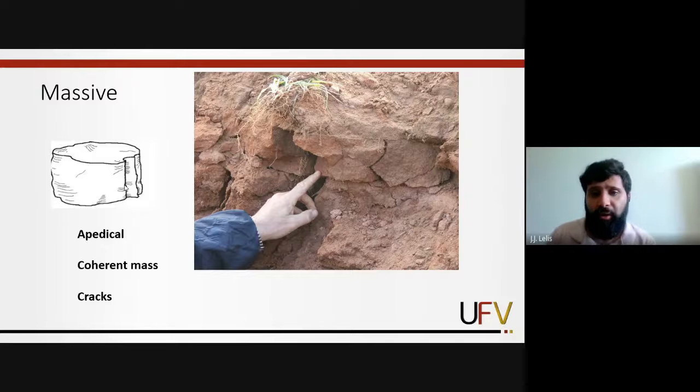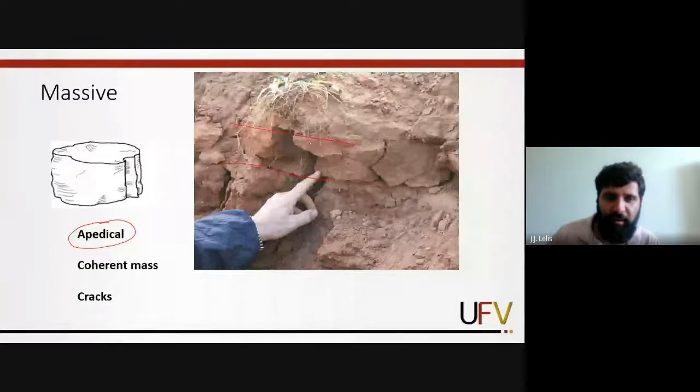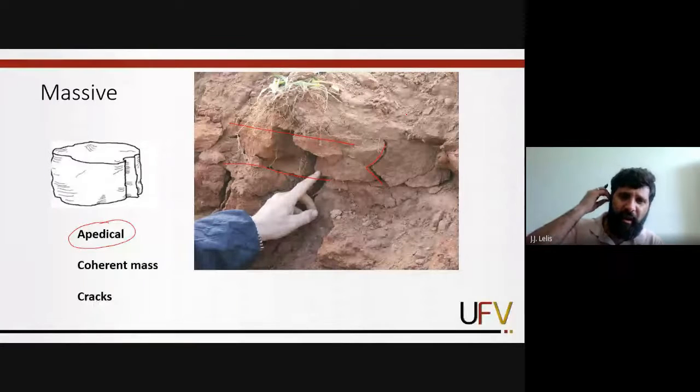And we also can see a massive structure when we don't have a ped. We can see a ped too, but we see some materials that have a coherent mass, and this coherent mass is just broken by some cracks, but I can't see any kind of organization.